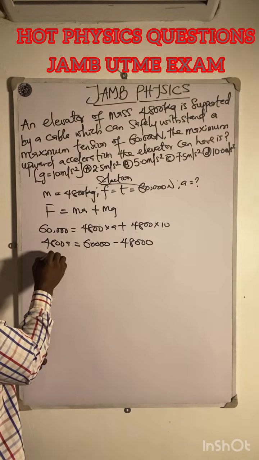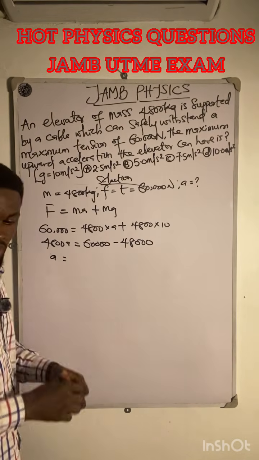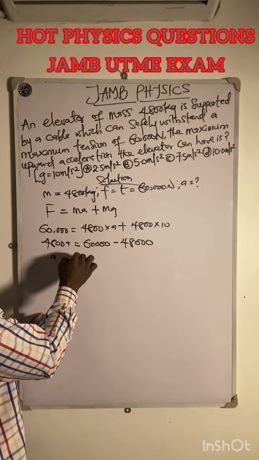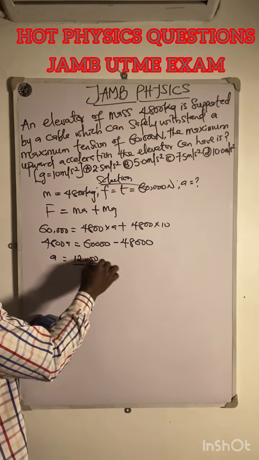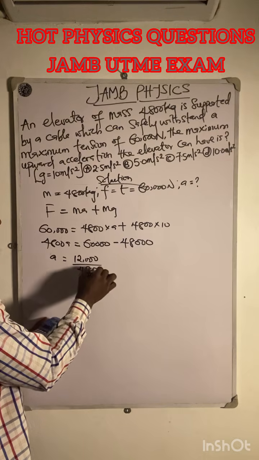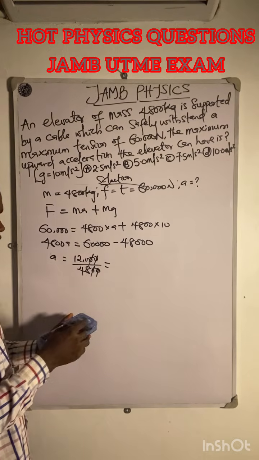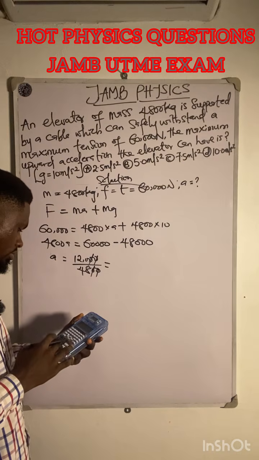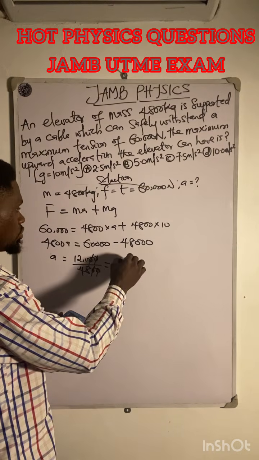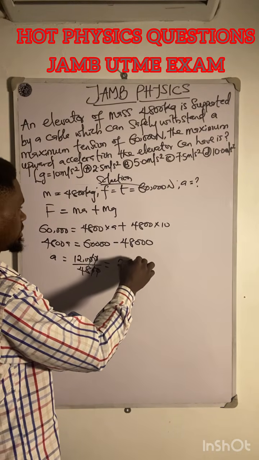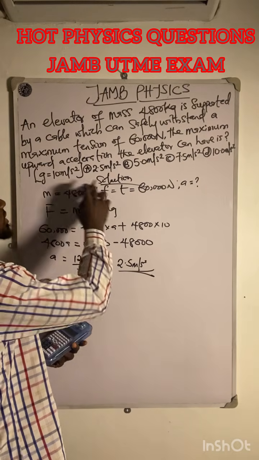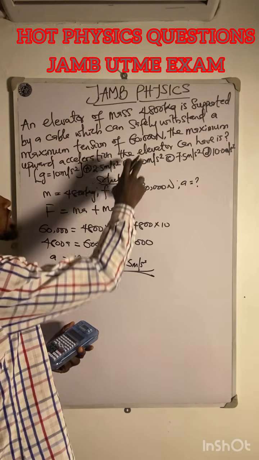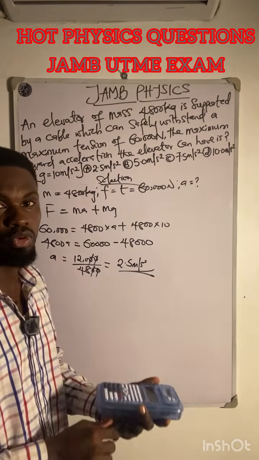So a is equal to 12,000 divided by 4,800, which gives 2.5 meter per second square. This is the maximum upward acceleration the elevator will have as it is moving upward.